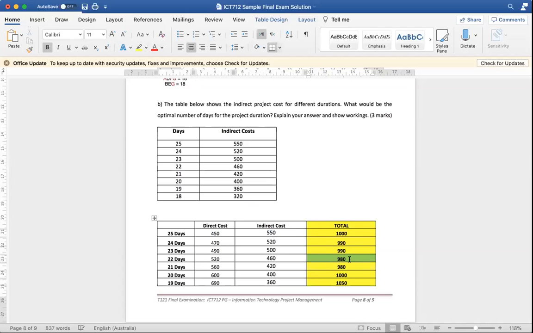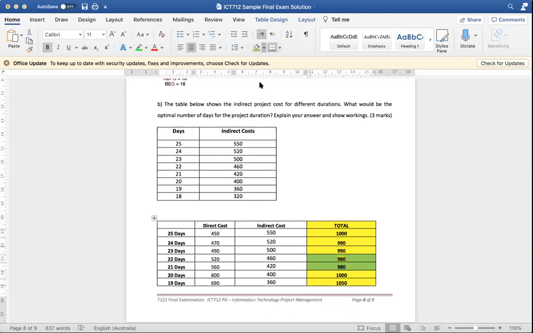Well, in this example, I prefer to finish my project earlier, because if I finish it earlier, it's still going to cost me the same amount of money. So in this example, I'm going to finish my project in 21 days.